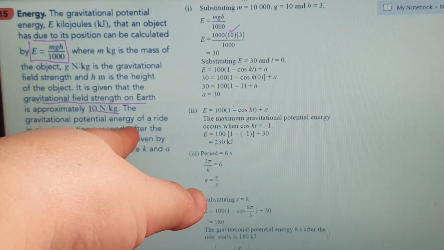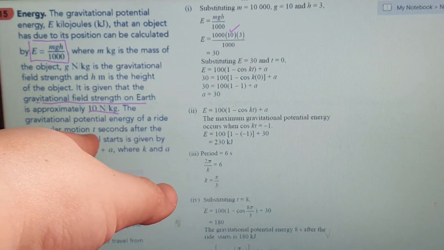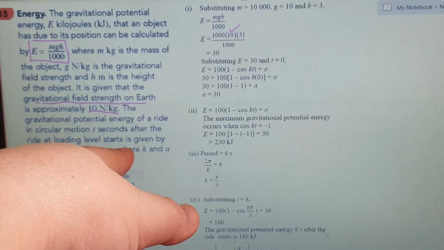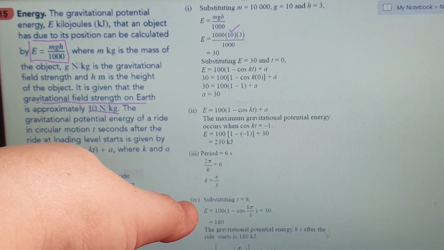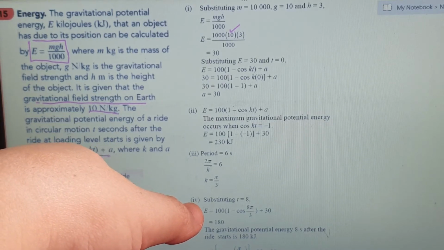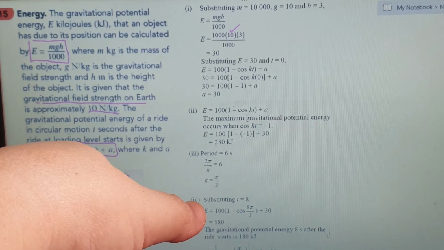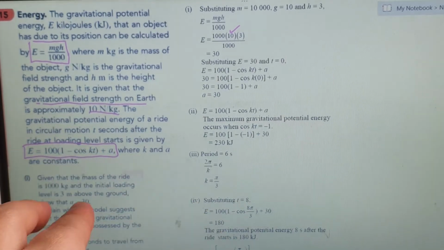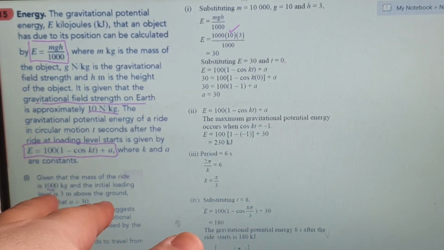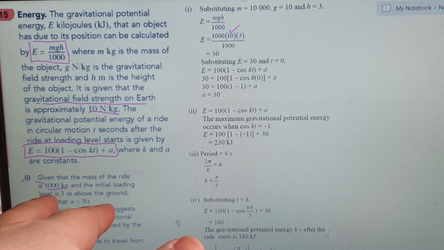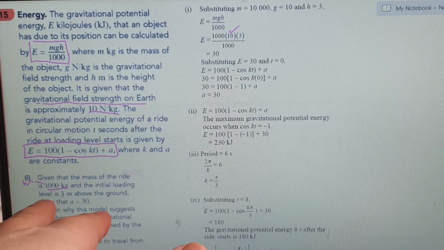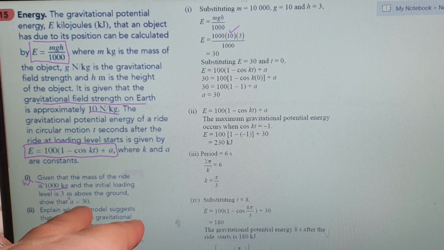The gravitational potential energy of a ride in circular motion t seconds after loading starts is given by this. This is the important trigo equation that you need to know. Now, given that the mass is 1000, and that the initial loading is 3 meters from the ground, show that A equals this.